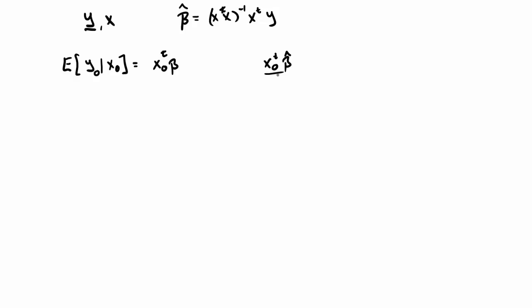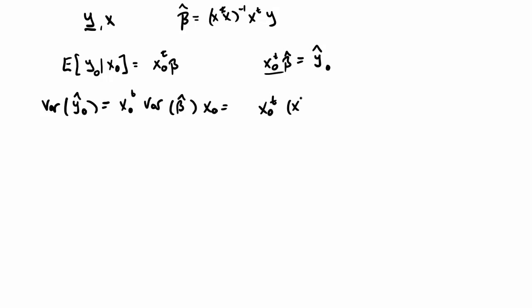So we know that the variance of this, which we'll call y hat naught, is equal to x naught transpose variance of beta hat x naught, which is equal to x naught transpose x inverse x naught sigma squared.